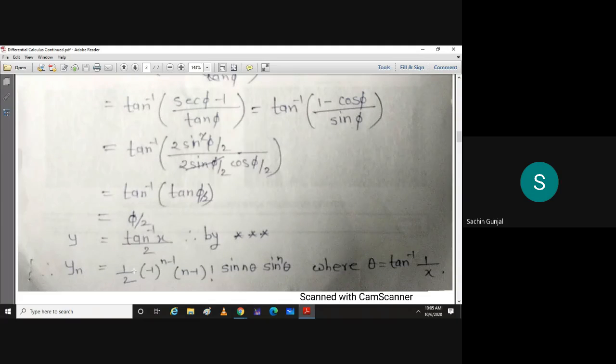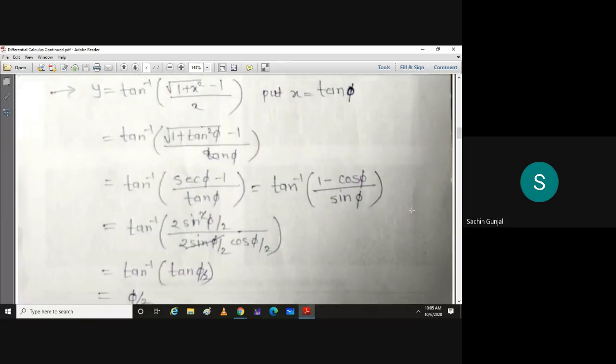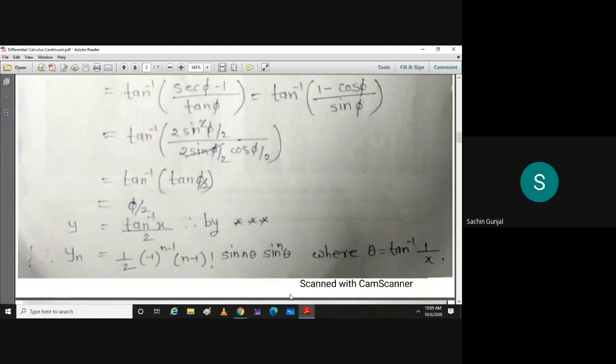So take that 1 by 2 out. Then nth derivative of tan inverse x, what is it? Minus 1 raised to n minus 1, n minus 1 factorial sine n theta, sine raised to n theta upon 1 raised to n, because a is 1 in our case. So theta is equal to tan inverse 1 by x.